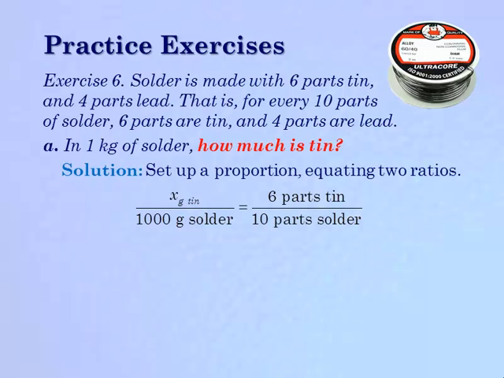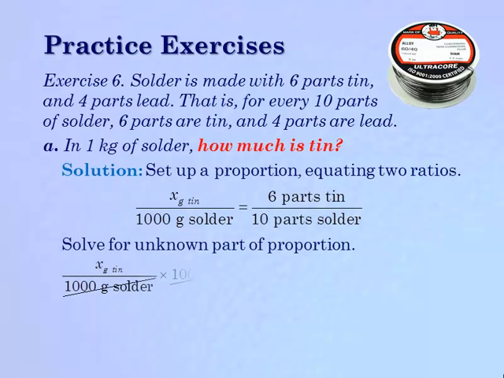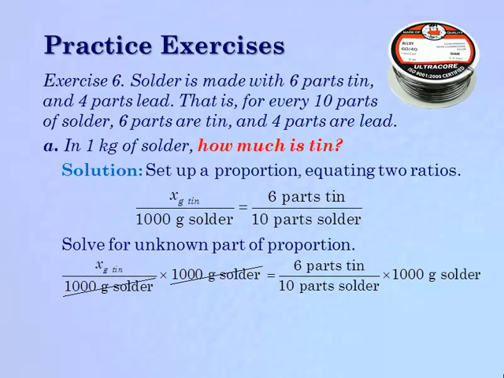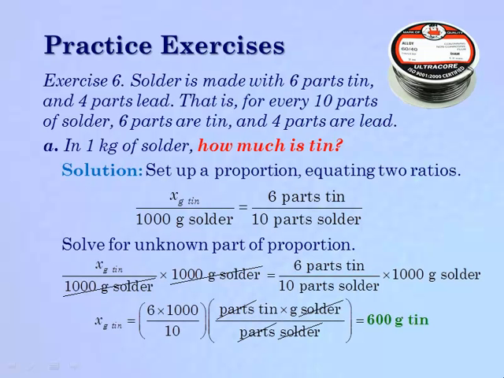So now we just need to solve for the unknown parts, and as you've learned in the previous module for solving for proportions, you can multiply both sides by 1,000, and on the left side, the thousands will cancel, leaving us with just the x that we're looking for, and on the right, we'll have to multiply all of those parts together. So we're left with 6 times 1,000 divided by 10, and the parts cancel and the solder units cancel, so we're left with grams of tin. So 600 grams of tin.